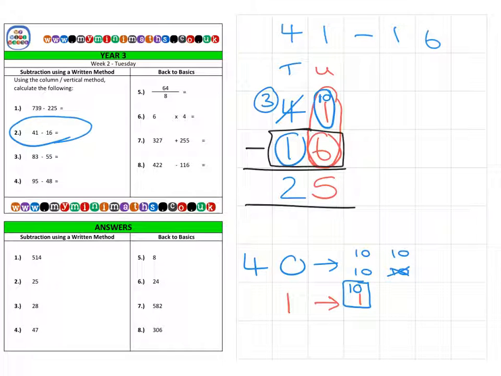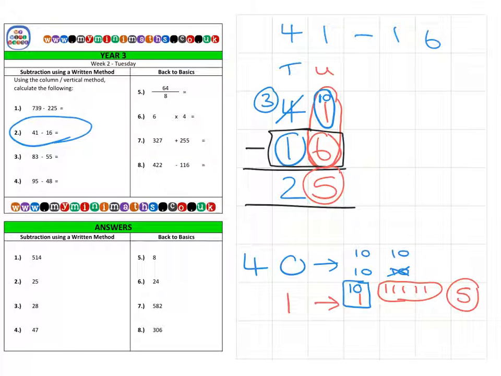And what we can do now, if we break these down, so we've got 1, 2, 3, 4, 5, 6, 7, 8, 9, 10, plus the extra 1. There's my 11 ones, and I'm going to take away 6 of them. So 1, 2, 3, 4, 5, 6. And that leaves us with 5 units.